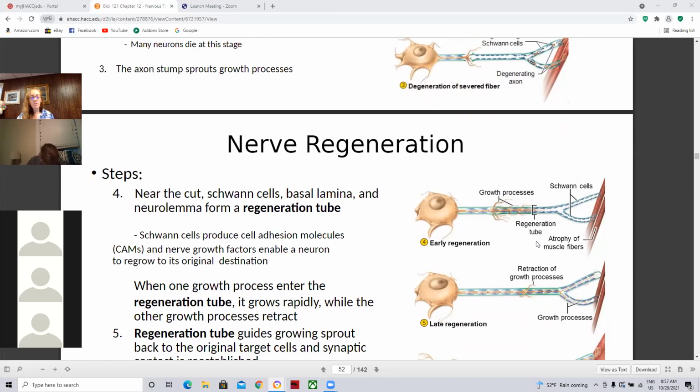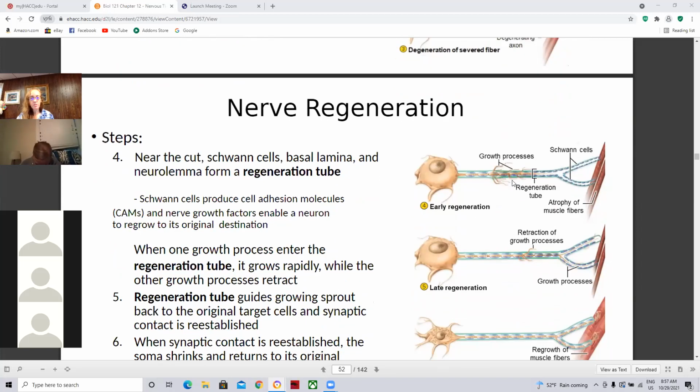When one of the nerve growth processes from the axon stump enters the regeneration tube, it grows rapidly while all the other growth processes retract.